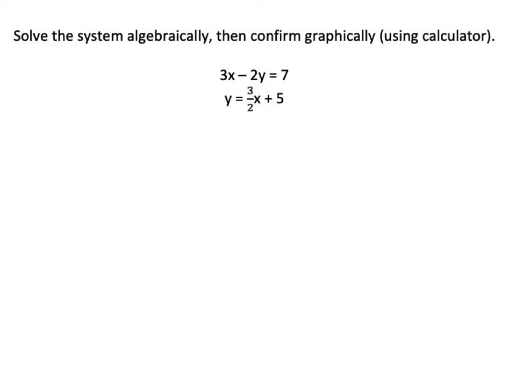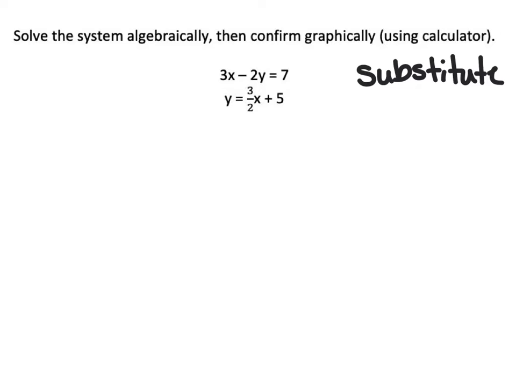So let's look at this one where I have one equation that is in standard form and my second equation is in slope-intercept form. When my initial data is given like this, I choose to substitute. If they were both in standard form, I would use elimination.